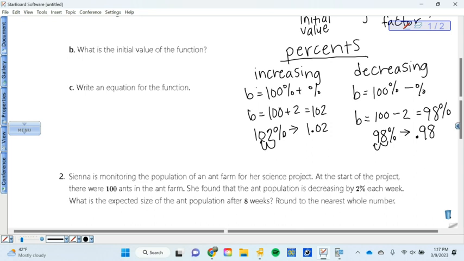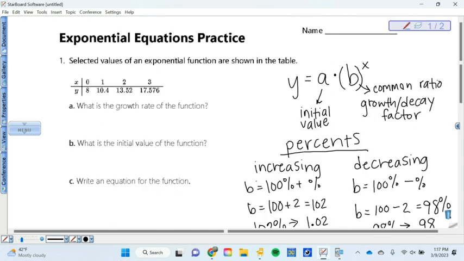So the growth factor will always be over 1. The decay factor will always be less than 1. Does that make sense? So the number in our formula, if it's bigger than 1, it's going to be an increasing relationship. If it's less than 1, it's going to be a decreasing relationship. Simple as that.